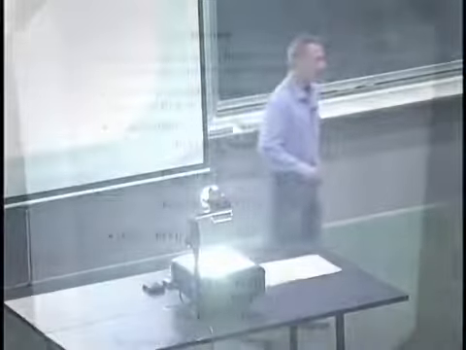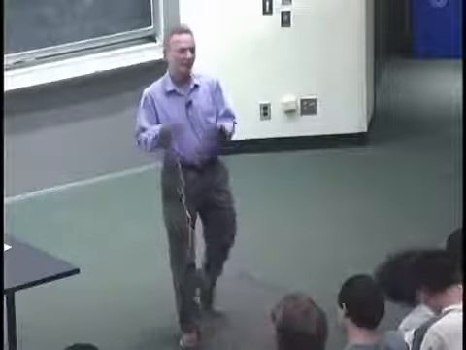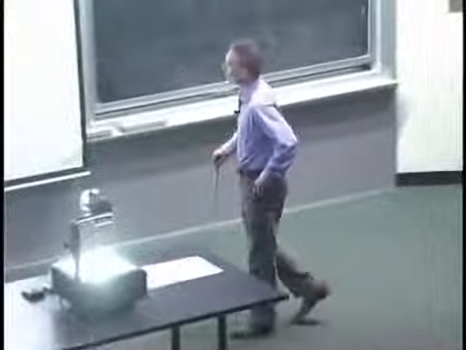Loosely speaking, random variables are random quantities that result from an experiment. More precisely, mathematically speaking, a random variable is a function from the sample space to the real numbers. That is, you give me an outcome, and based on that outcome, I can tell you the value of the random variable. So the value of the random variable is a function of the outcome that we have.